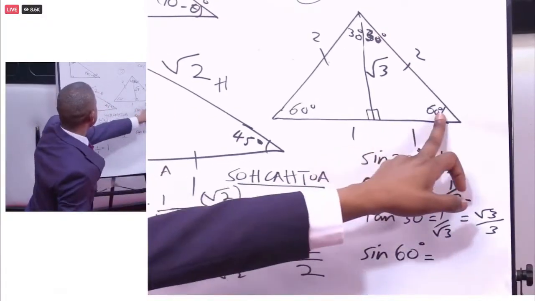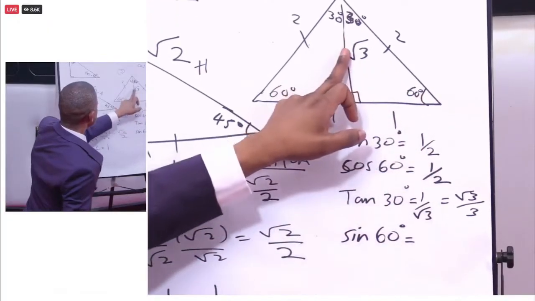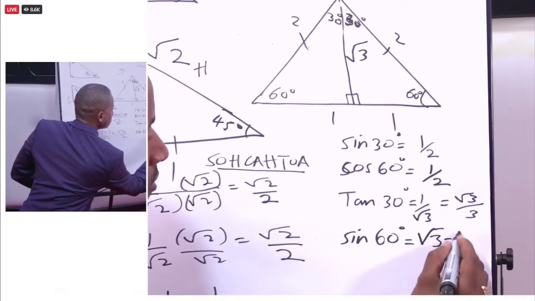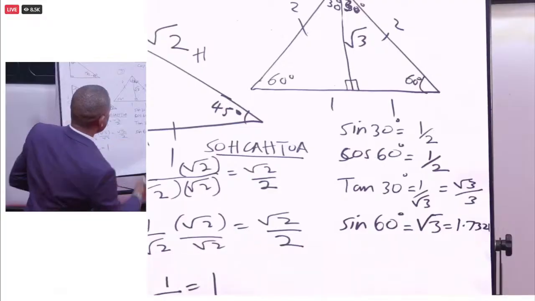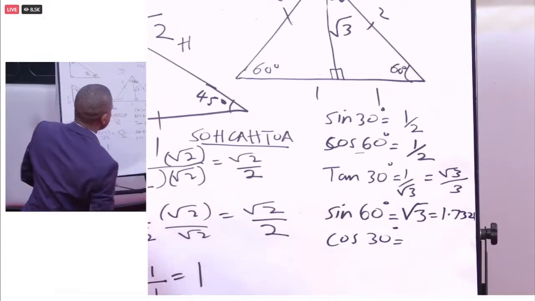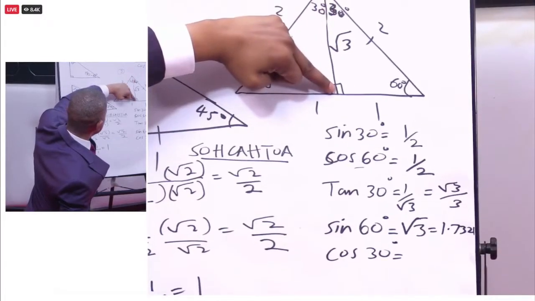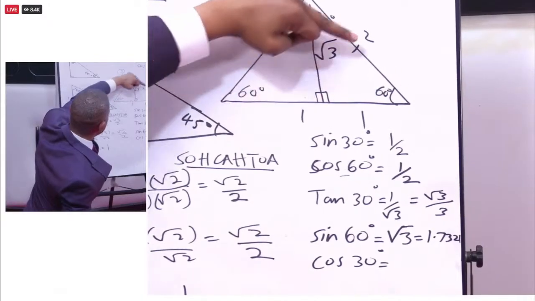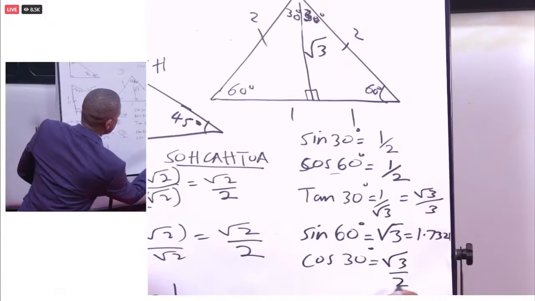Sine 60 degrees equals opposite, which is root 3, over hypotenuse, which is 2. Root 3 is 1.7321. Then we go to cos 30. Cos 30 equals adjacent, which is root 3, over hypotenuse, which is 2, so root 3 over 2.